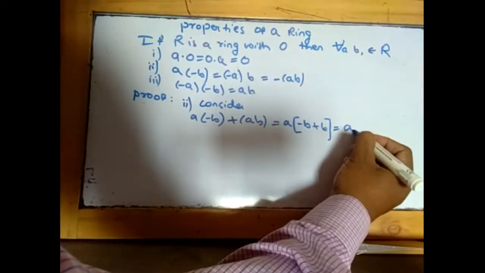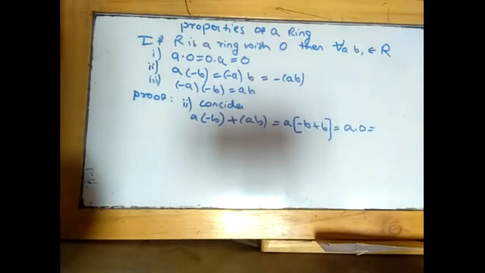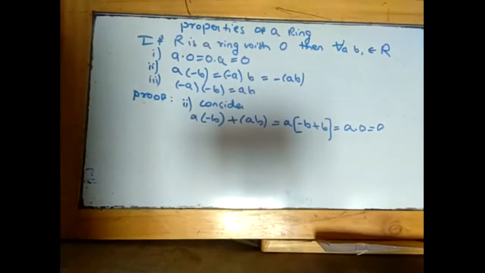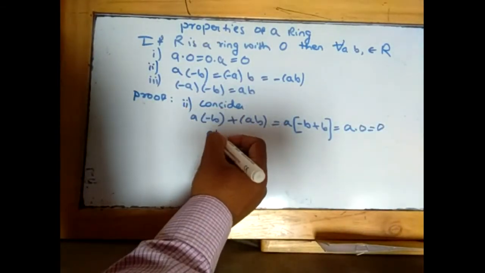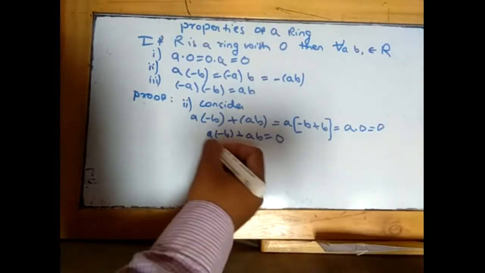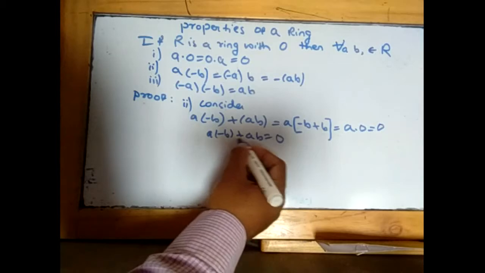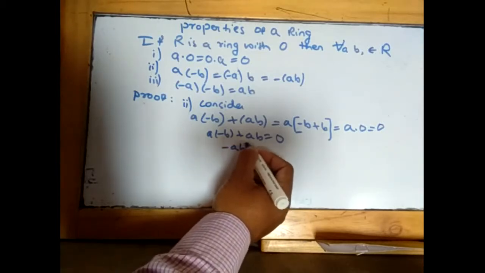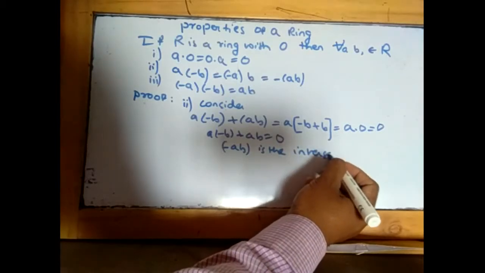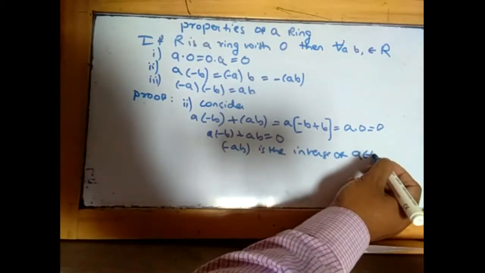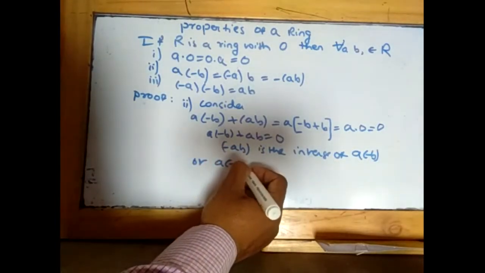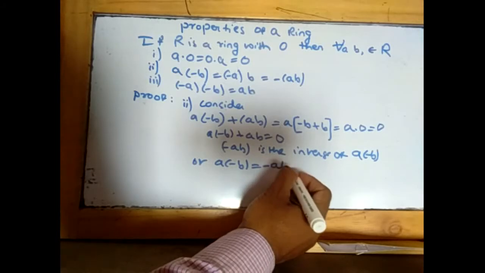This is a into 0, and just now we proved a into 0 is equal to 0. So this is 0. That is a into minus b plus ab is equal to 0, which implies a into minus b is the inverse of ab, or we can write a into minus b is equal to minus of ab.